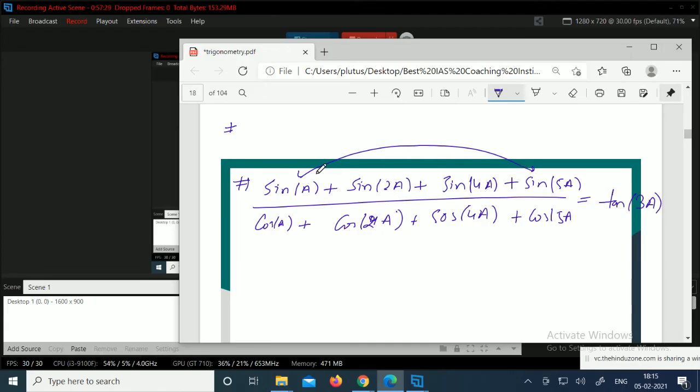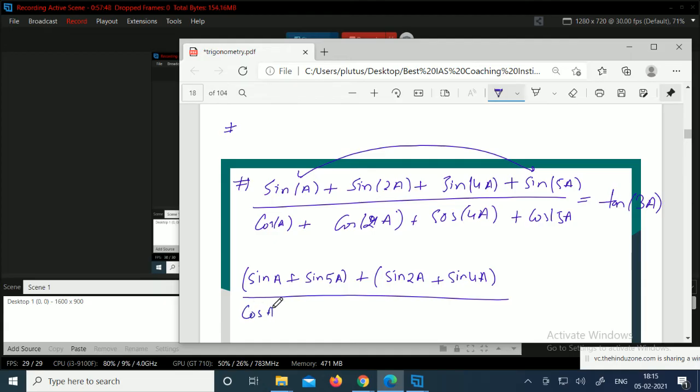So we make pairing like sin A plus sin 5A plus sin 2A plus sin 4A, and again cos A plus cos 5A plus cos 2A plus cos 4A. Now use A plus B formula.